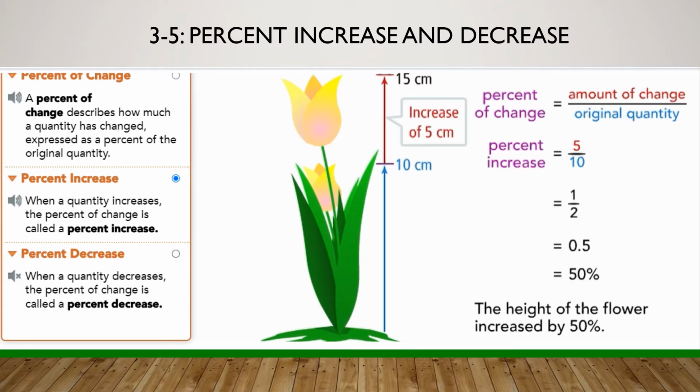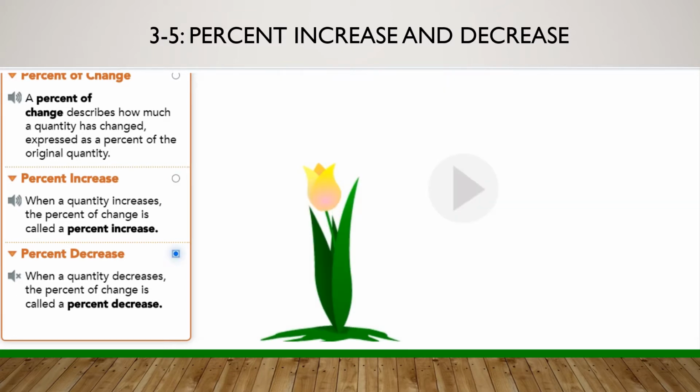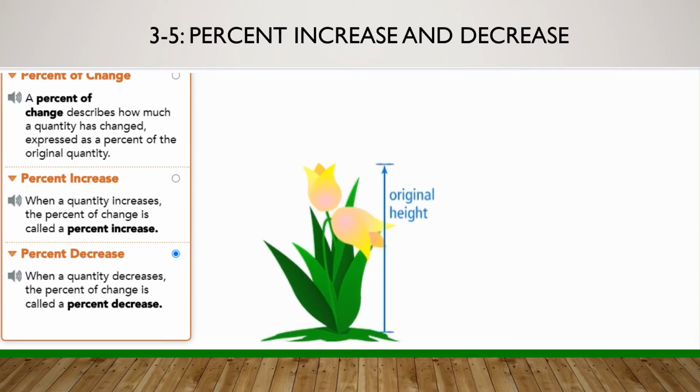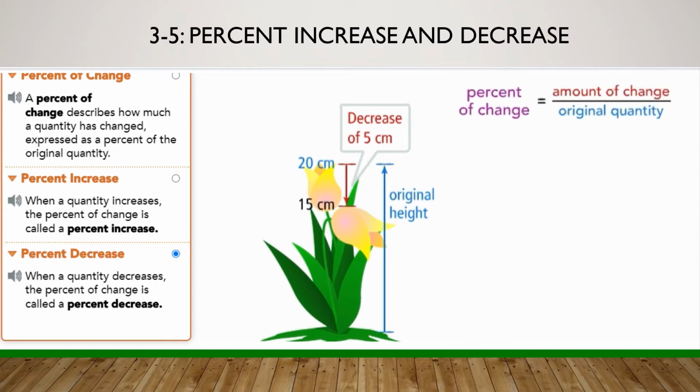When a quantity decreases, the percent of change is called a percent decrease. Suppose the flower shrinks 5 centimeters, from 20 centimeters to 15 centimeters. Use the formula for the percent of change.